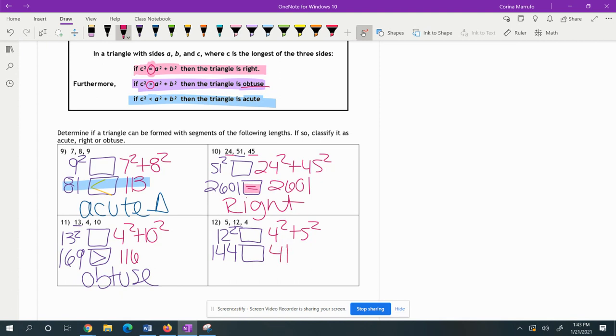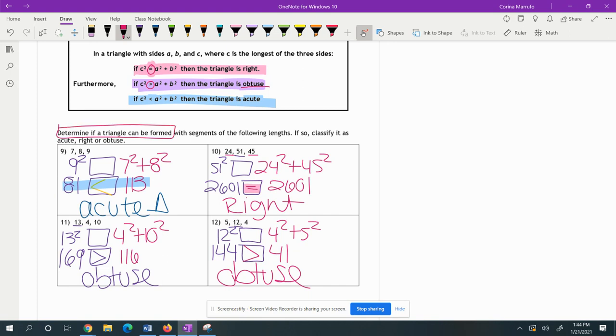Well, 144 is greater than 41, so this would be considered an obtuse triangle as well. What I did forget, because it said determine if a triangle can be formed.